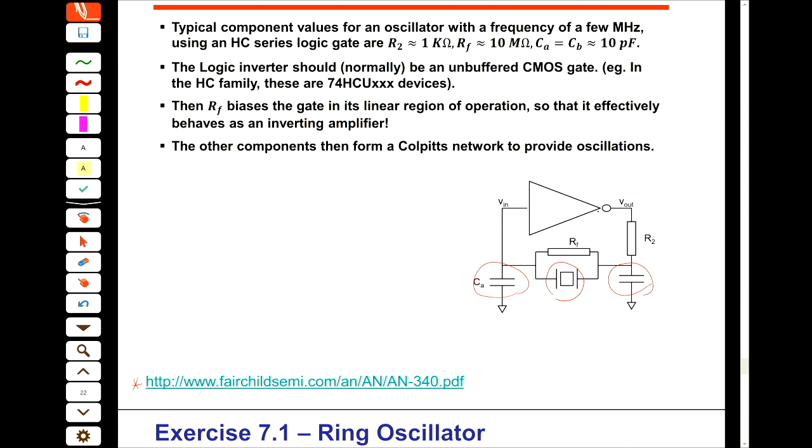And then by tuning these two capacitances, CA and CB, in your crystal oscillator, we can tune the resonance frequency that we want.